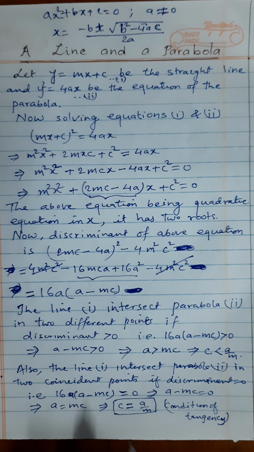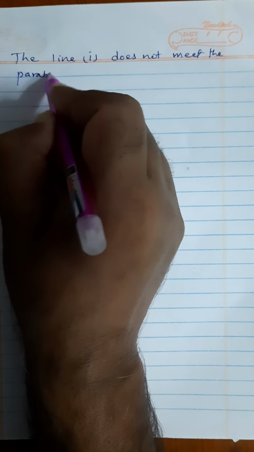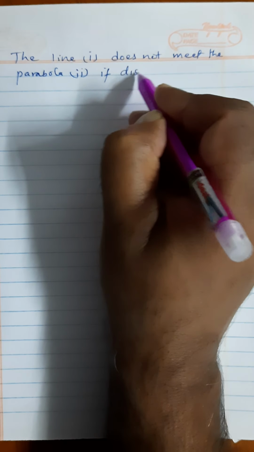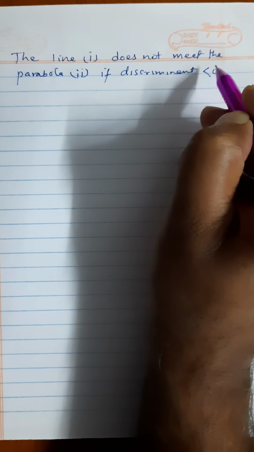So I will take the next condition. The line 1 does not meet the parabola 2 if the discriminant is less than 0.